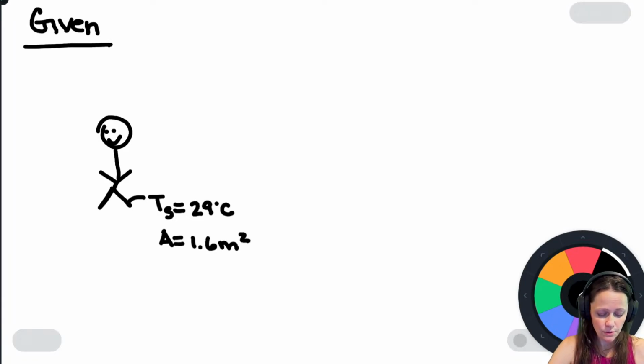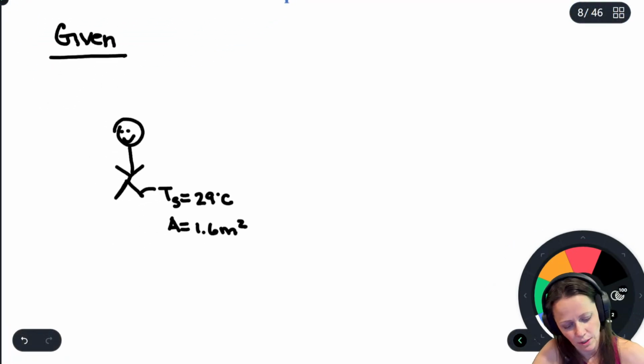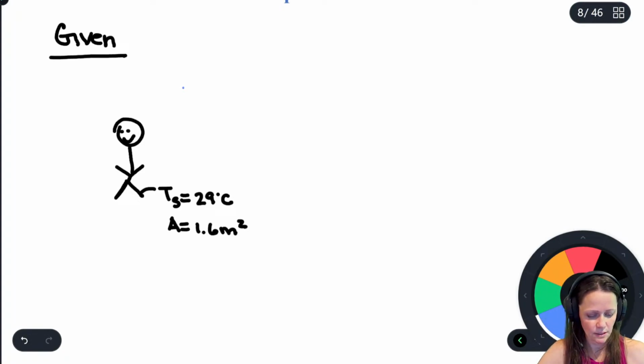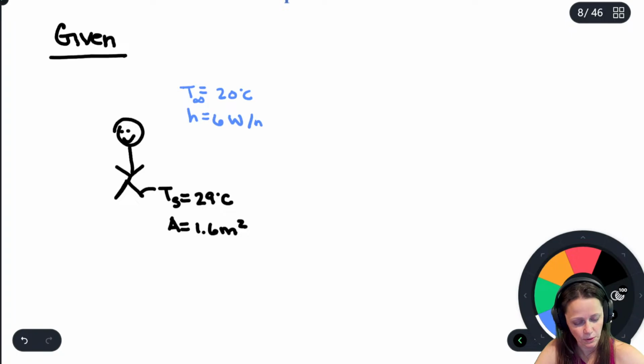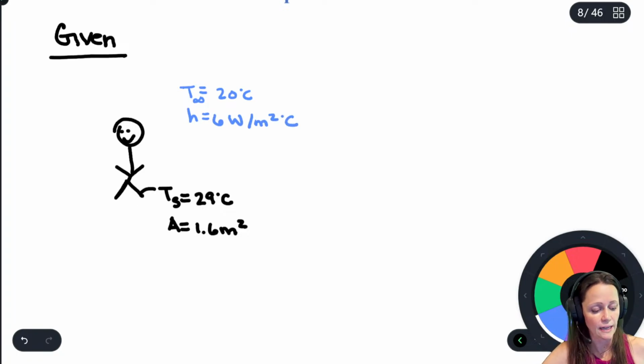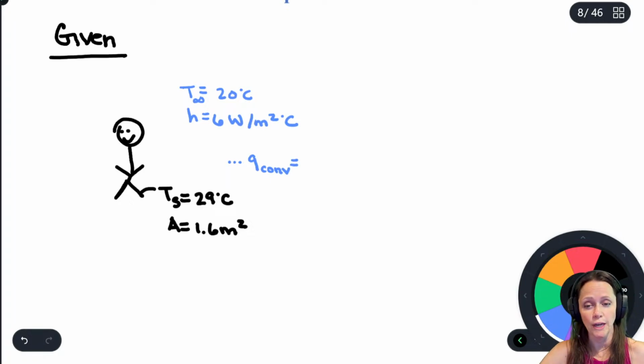We were also given some information in the previous problem: T infinity of 20 degrees and h of 6 watts per meter squared degrees Celsius. With that information, what we found was that Q by convection, because of that moving air, was 86.4 watts.